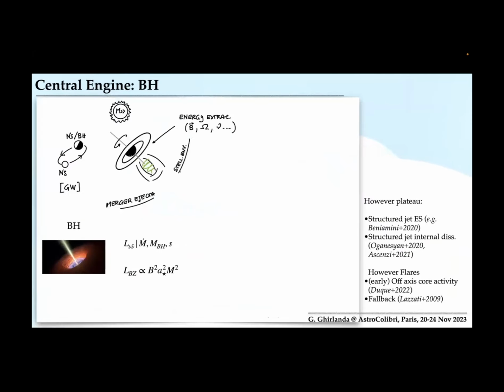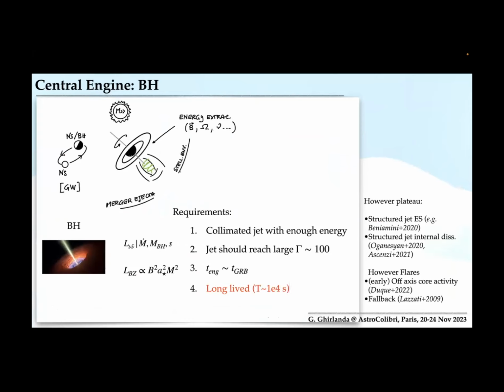Okay, second ingredient, the central engine. What we need, if we want to explain a gamma-ray burst, is that the central engine should produce a collimated jet with enough energy. The jet should reach bulk Lorentz factors with values around 100, and it should be long-lived.